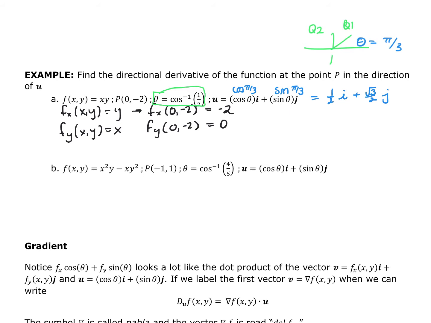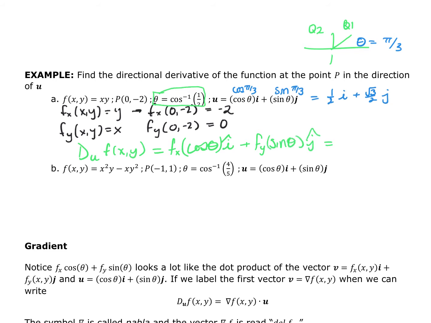Now, by my definition, my directional derivative, D in the u direction of my function of x comma y, is equal to my partial derivative in x, times the cosine of my angle theta in the i direction, plus, and this should be i hat, so I don't think it's a complex number, my partial in the y direction times the sine of my angle in the j hat.